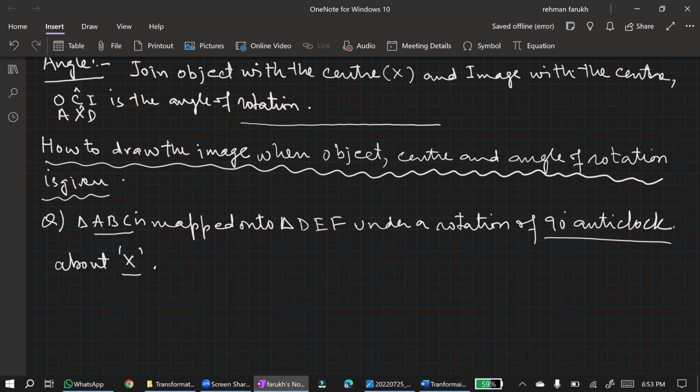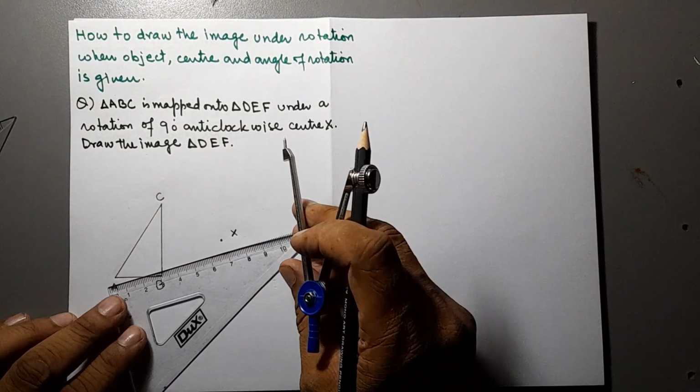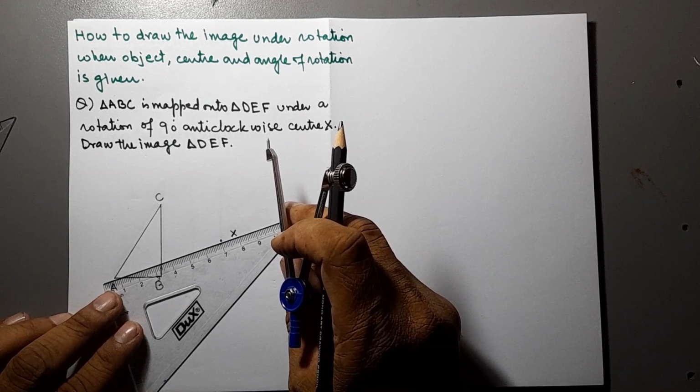We want to draw the image triangle DEF. To draw the image triangle under rotation of 90-degree anti-clockwise about the point X, the method is, first of all, we will join the object point with the center. That is, first of all, I will join A with the center.